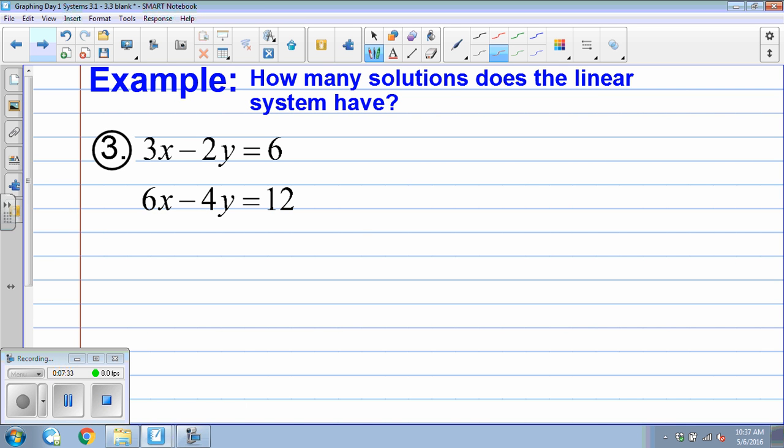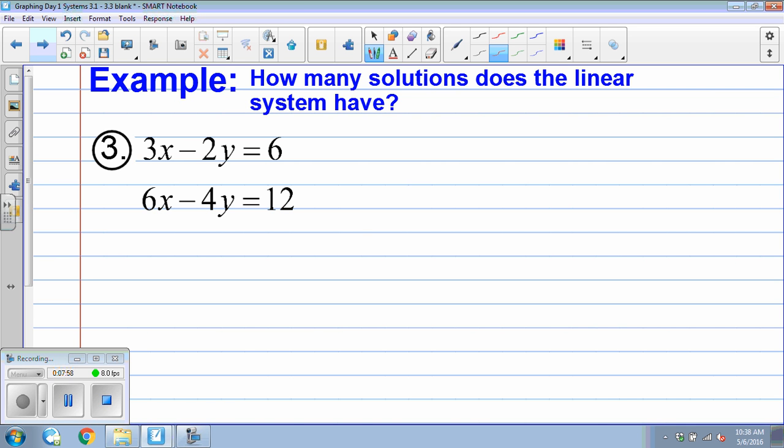Because if they have the same slope but different y-intercepts, that means what? If they have the same slope but different y-intercepts, they're parallel. That means their slope is the same like railroad tracks, and they cross the y-axis at different places, so they're parallel lines. If they have the same slope and the same y-intercept, it's the same line.